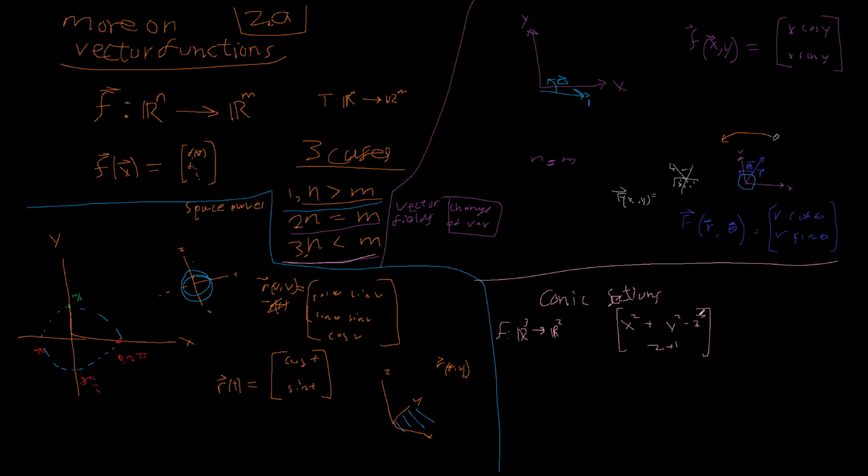Okay. And what does this look like? Well, what this looks like in 3D, if I'm going to graph this, is we have some plane, and then we're going to have some cone, and then we're going to have this circle here parameterized by that.